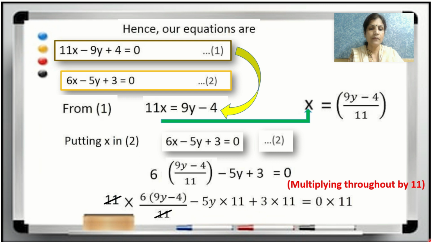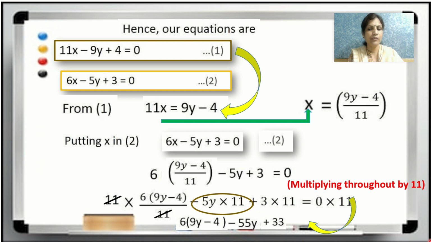So what are you left with? You're left with 6(9y - 4). This 5y into 11 is 55y, so minus 55y. Plus 11 3s are 33, and 11 into 0 is 0. Let's multiply and solve it.